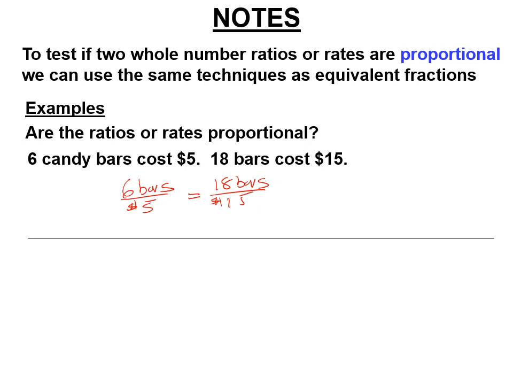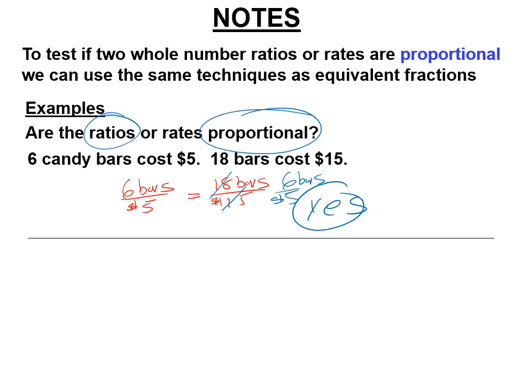We're going to see if they both simplify to the same thing. 6 bars for 5 is simplified. 18 bars for 15, they're both divisible by 3, and that simplifies to 6 bars for $5. Yeah, they're 6 bars, not $6. 6 bars for $5. Yeah, those are equivalent. So if you buy 6 candy bars, they cost 5. 18 bars cost 15. That's called a proportion. Those are ratios; are they proportional? Yes, they are.